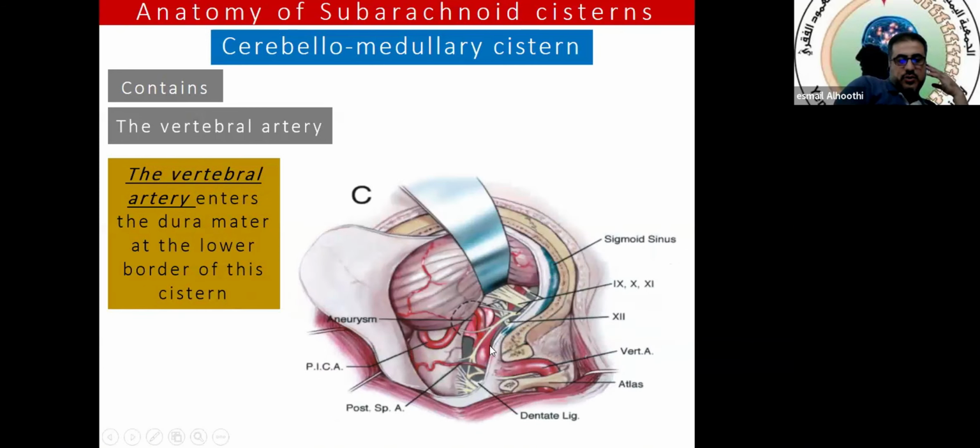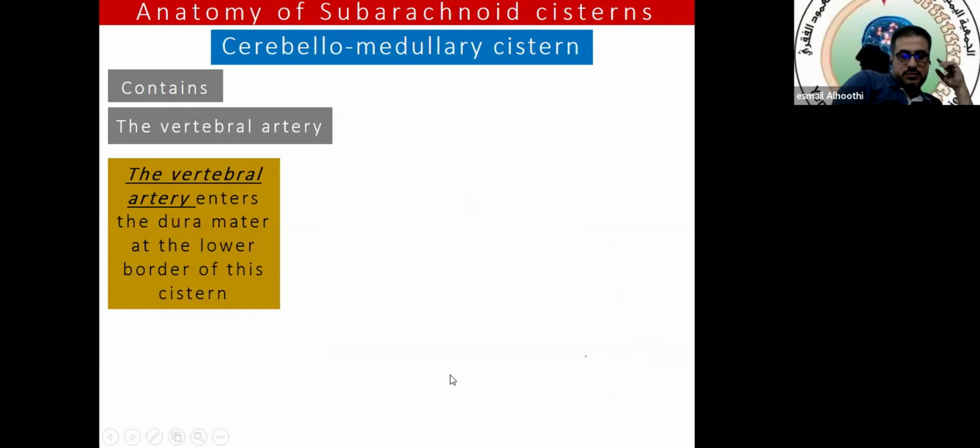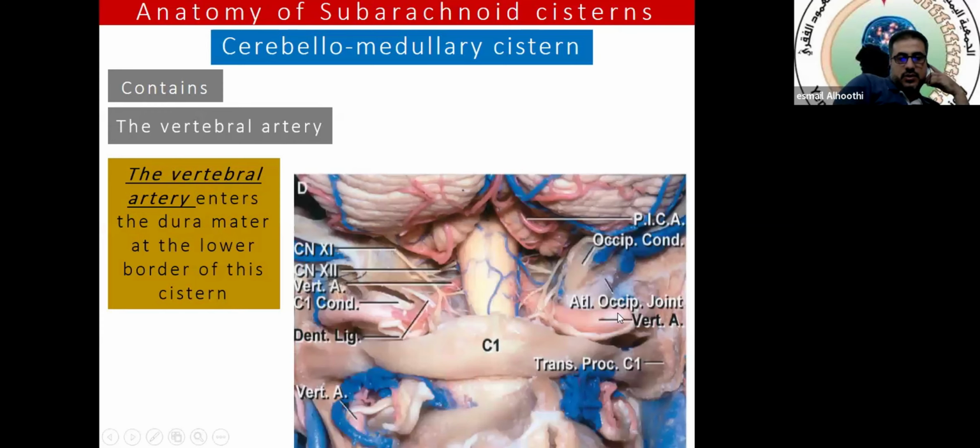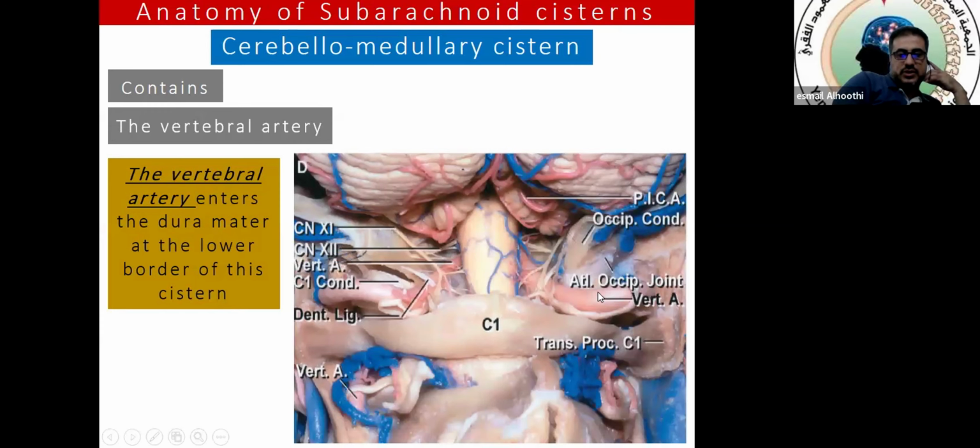Also, this picture shows, after we open the dura, that the vertebral artery goes through the foramen magnum, penetrates the dura, and becomes intradural. Also this dissection image.